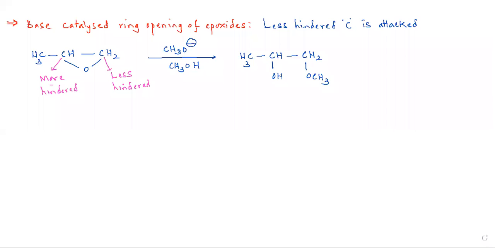If suppose OH minus is considered, we get a diol again, but because we have considered methoxide, we are getting this. Let us see the mechanism.